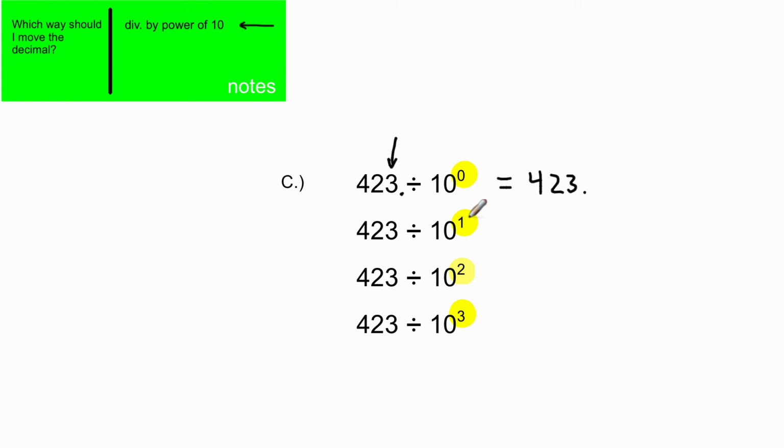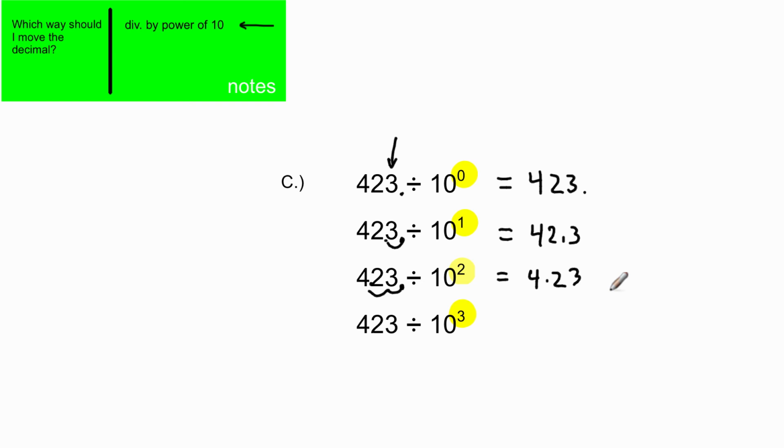All right, the next one in this example is an exponent of 1. That means I'm going to be moving the decimal one place. I got to add the decimal first, then move it over one spot, and it's going to be between the 2 and the 3 now. So it goes 42.3. Next one is an exponent of 2. I have to add my decimal on there, then move it over one space, 2 spaces, and now it's between the 4 and the 2.